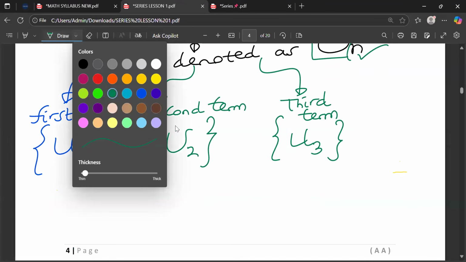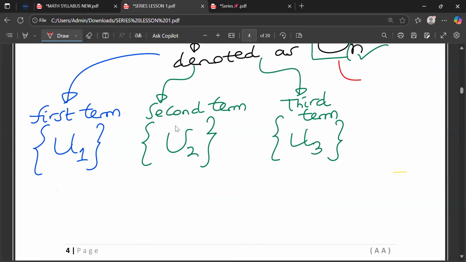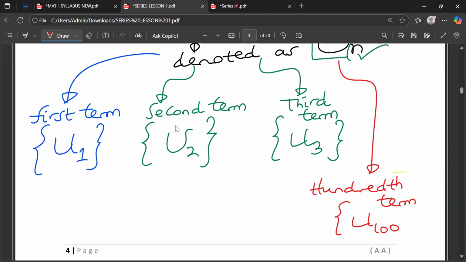Because trust me, you're not going to be writing words each and every time, even if it's the 100th term. You just write U, then 100. So hope you get that.